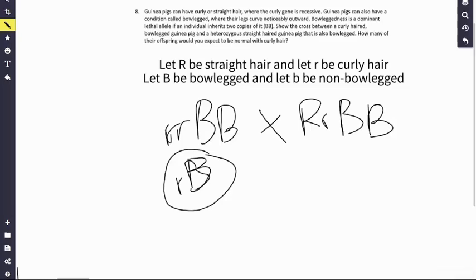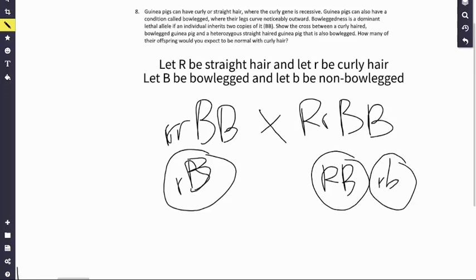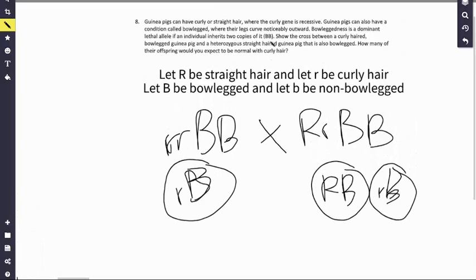Wow. Expect to be normal with curly. Wait a minute. Wait, am I reading it wrong? Or what's going on? Wait, both of them will die. It's a dominant lethal.